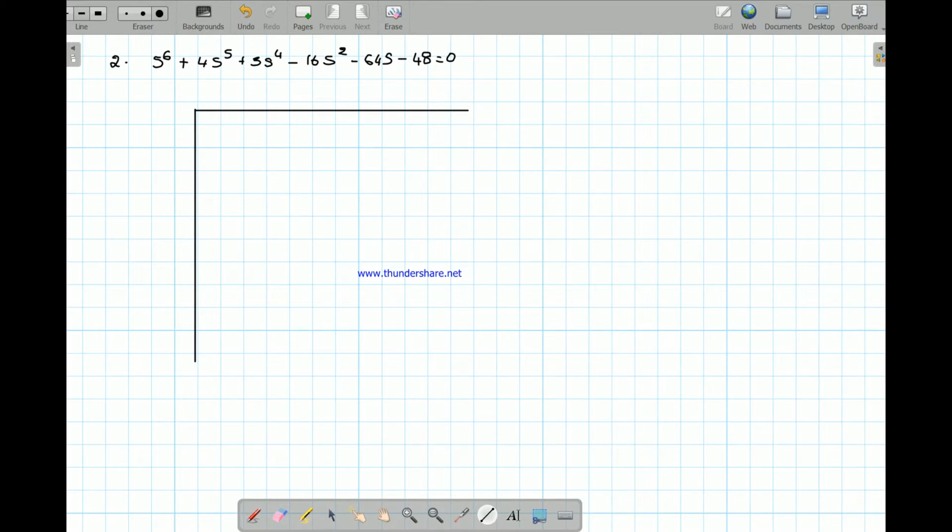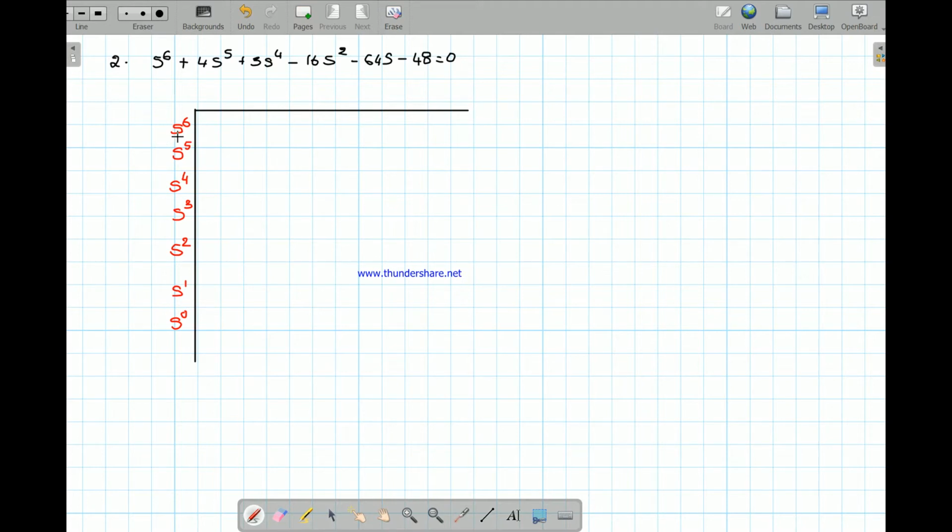Now let me write the terms. It will start from s power 6, so I'll write s power 6, s power 5, s power 4, s power 3, then s power 2, then s power 1, then s power 0. These are the terms you see written vertically.